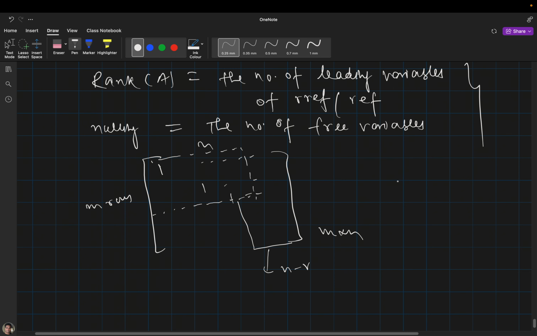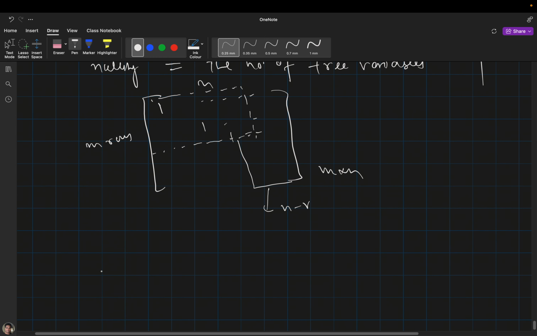So we have the table: space and dimension.